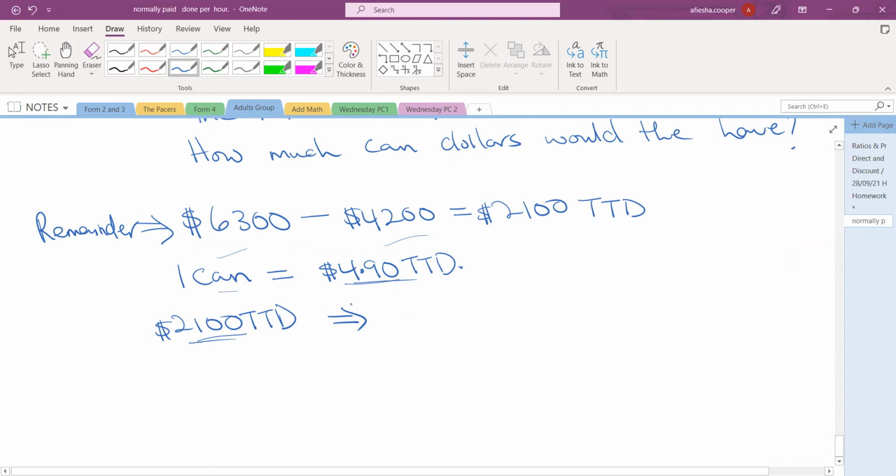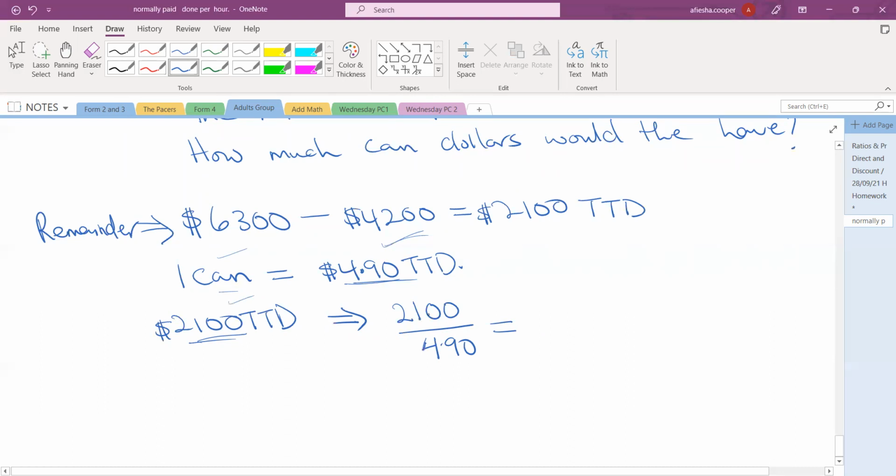Do we multiply or divide? We group the like terms, divide the 2,100 by the 4.90. Because we have 2,100 TT, we're going to see how many 4.90 we get in that, and every 4.90 will give us 1 Canadian.